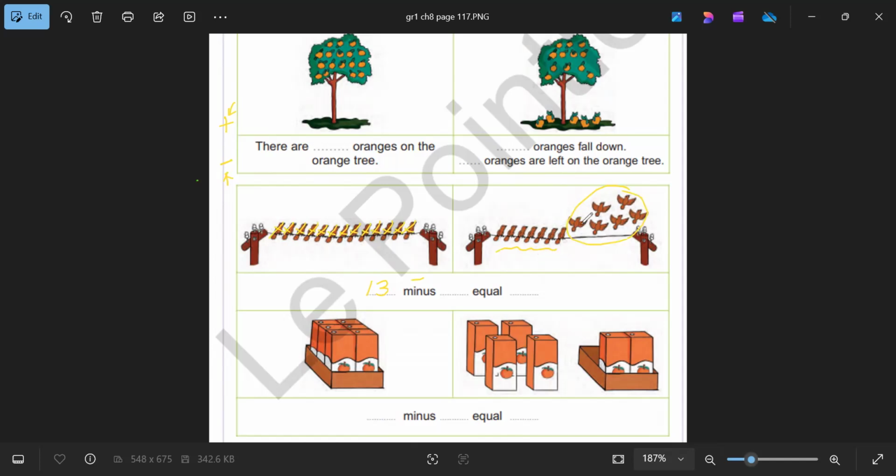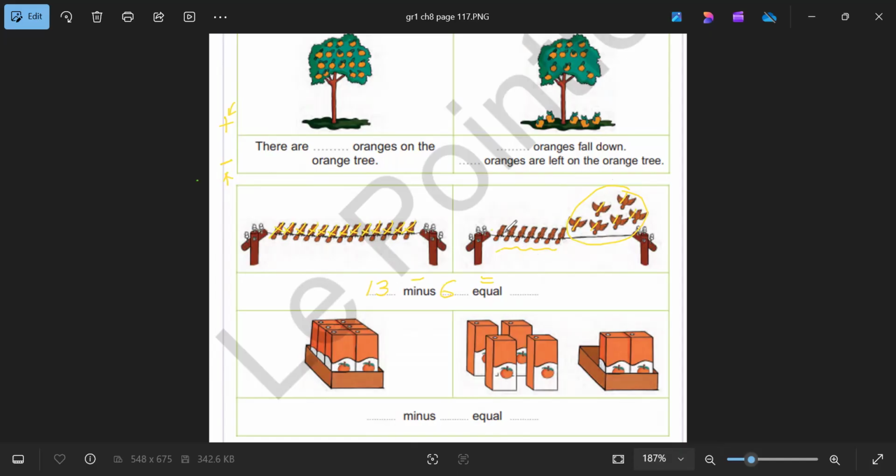Okay? 1, 2, 3, 4, 5, 6. So we write here 6 because we had them standing here. 6 decided to fly. Okay? So 13 minus 6, of course, this word is equal. You are familiar with equal. And here we write what is the difference.